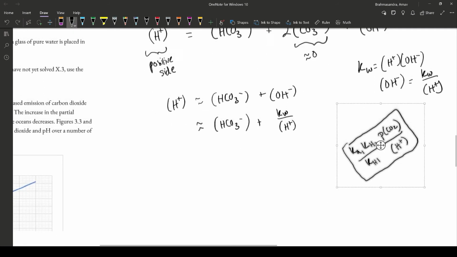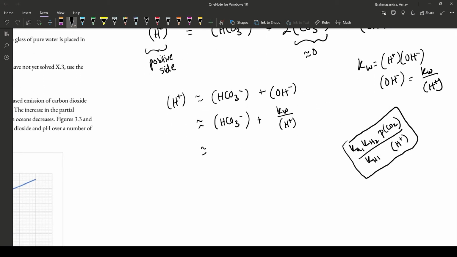So if I rewrite this here, we get that HCO3 minus is Ka1 KH2 over KH1 times pressure of CO2 divided by H+, plus our Kw divided by H+, equals our H+.